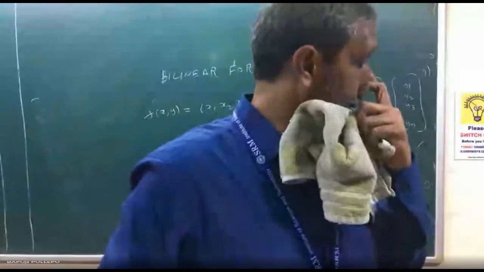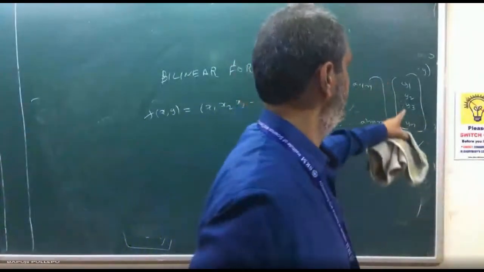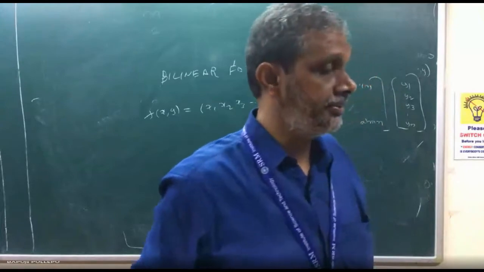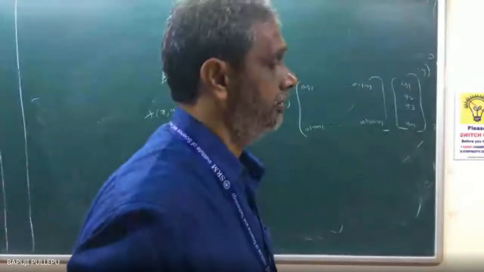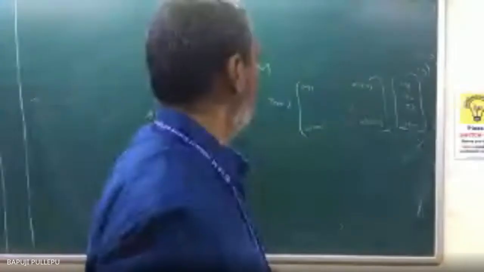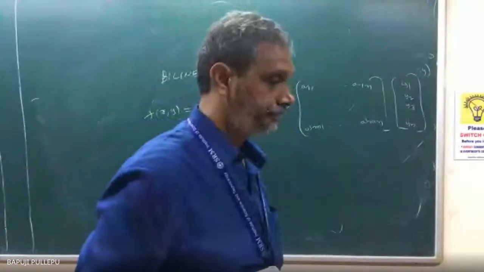Right. This y1, y2, y3, yn is a column matrix. Order is n by 1. But this matrix is m by n.